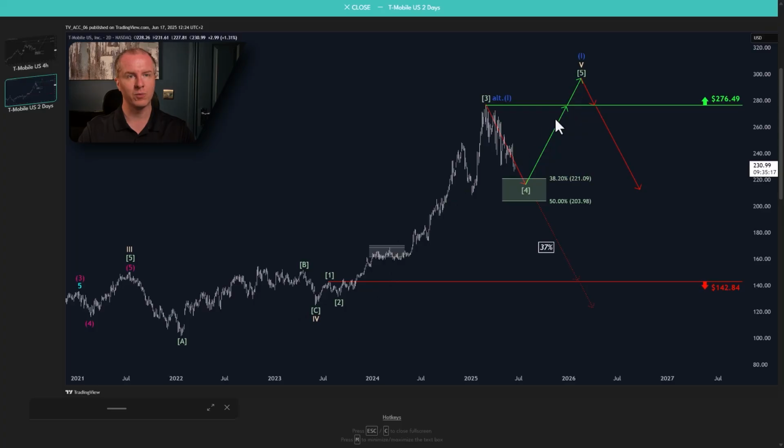So this is a 5-wave move to the upside, and the support area or trading area or trend reversal area is defined here between $204 and $221.